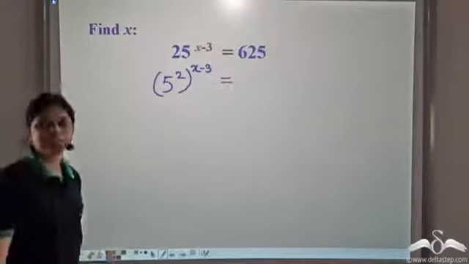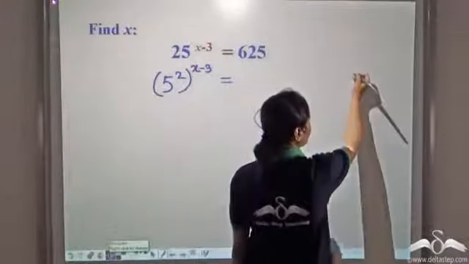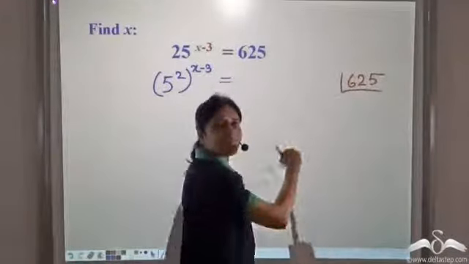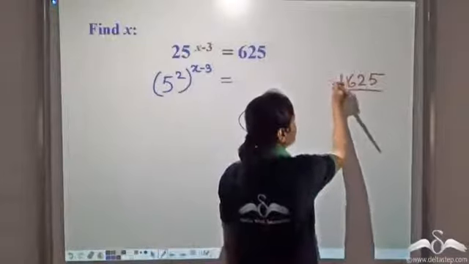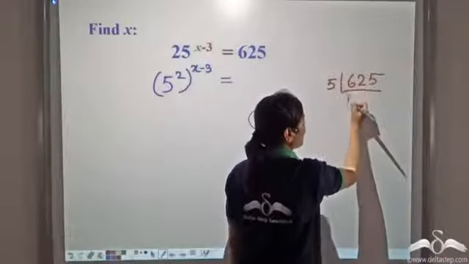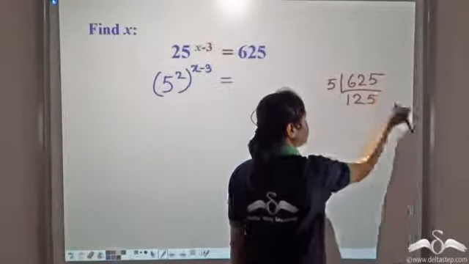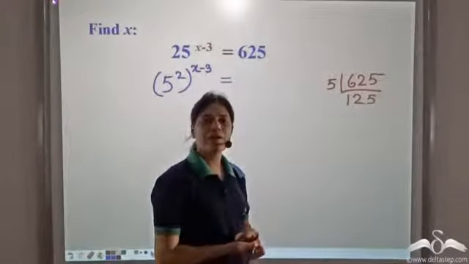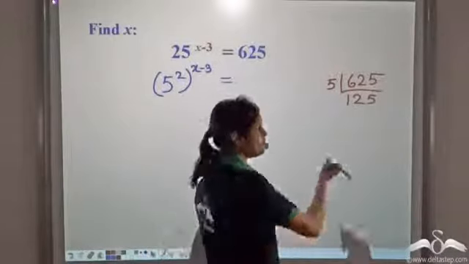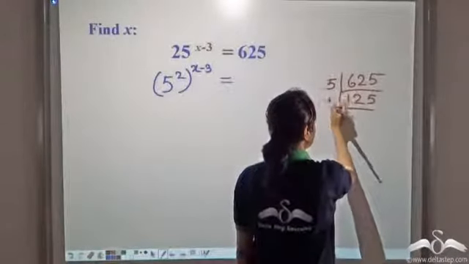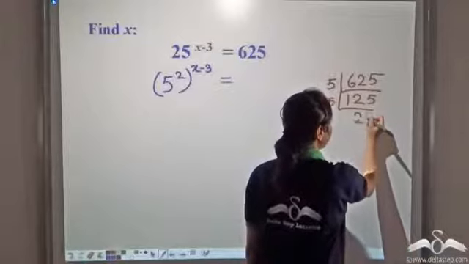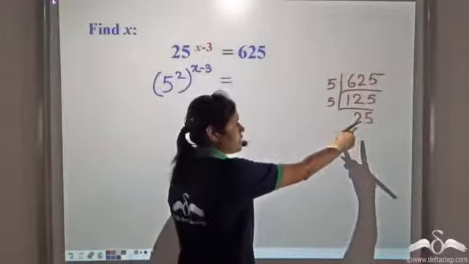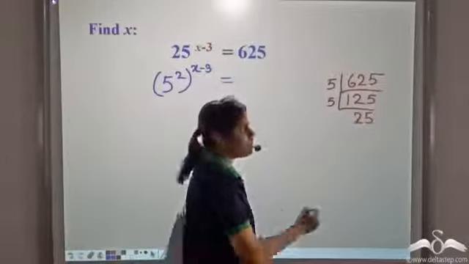Now let us prime factorize 625. 625 is divisible by 5. So 5 into 125 is 625. Again 125 is divisible by 5. 5 into 25 is 125.